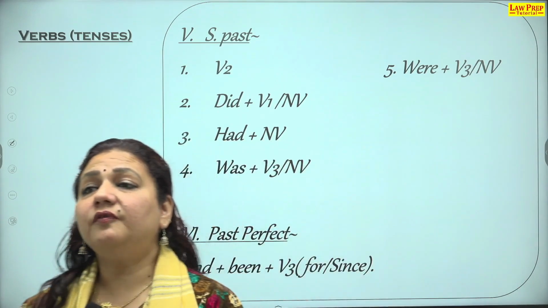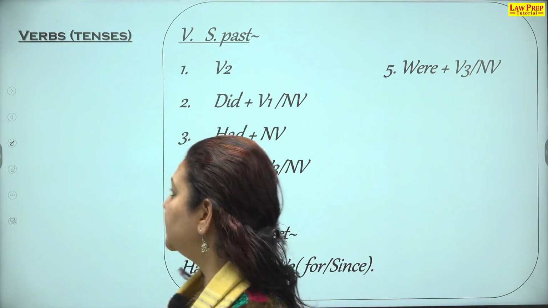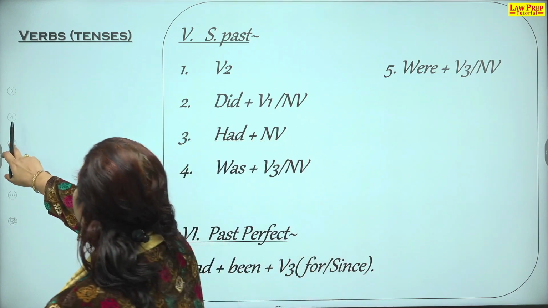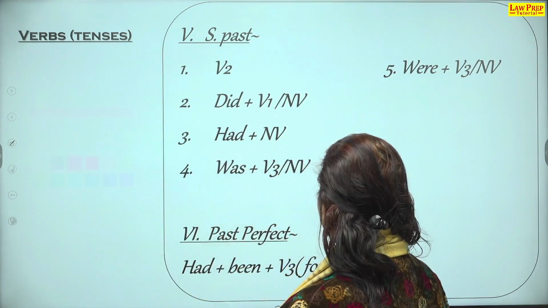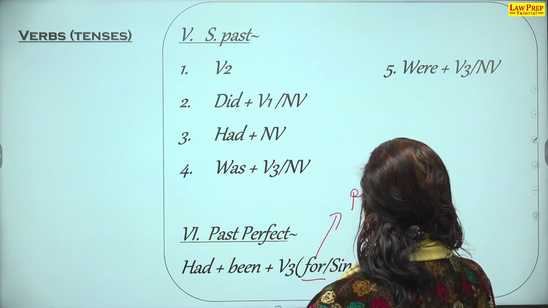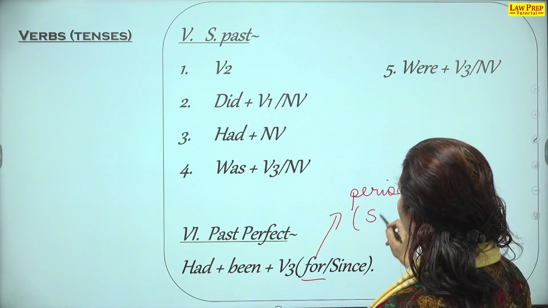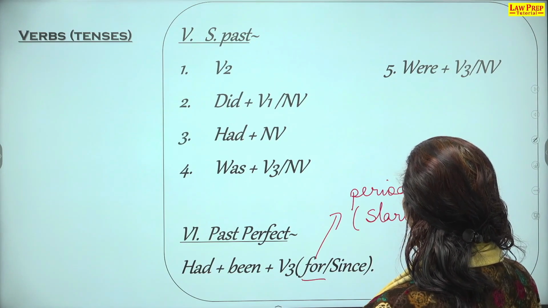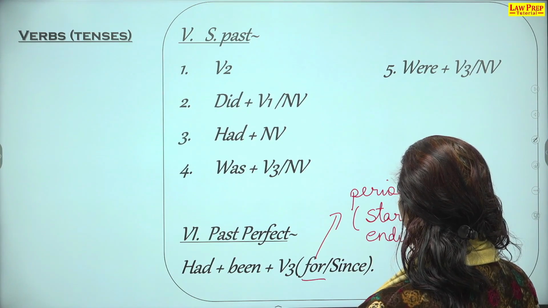Why? Because for is used for period of time and since is used for point of time. I repeat again. For is used for period of time, means you know the start or the end of the action. You know the starting and you know the ending of the action.